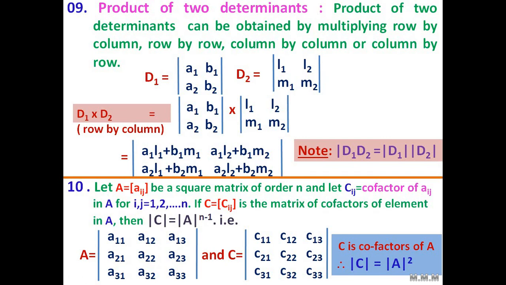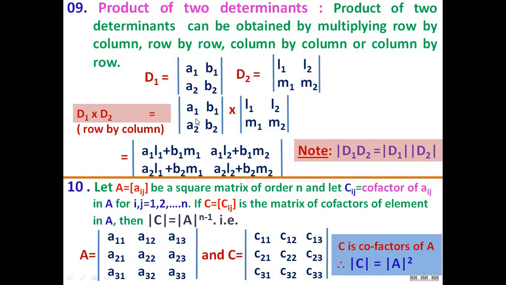Product of two matrices. If we are going to take the product of two matrices D1 and D2, then what will be the way to multiply? It's just the usual product of two matrices. Here first row, first column, then first row, second column, second row, first column, and second row, second column.